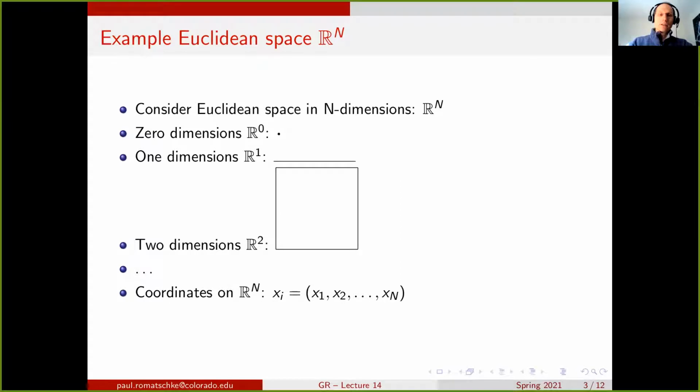The coordinates on R^n would be x^i ranging from x^1 to x^n, and the corresponding metric on R^n would be the Kronecker delta, delta_ij. So that is our first example of manifolds in n dimensions.